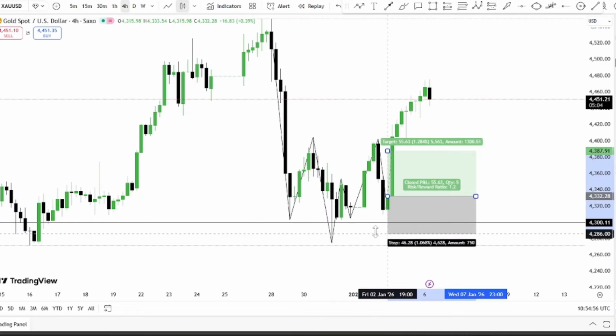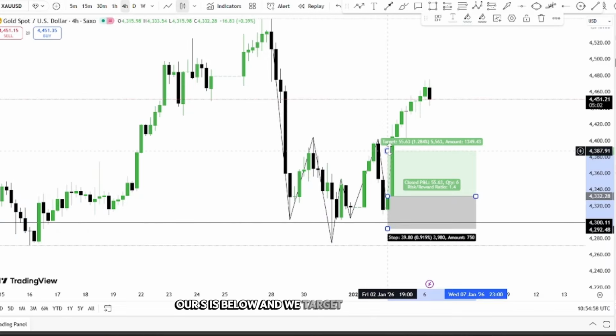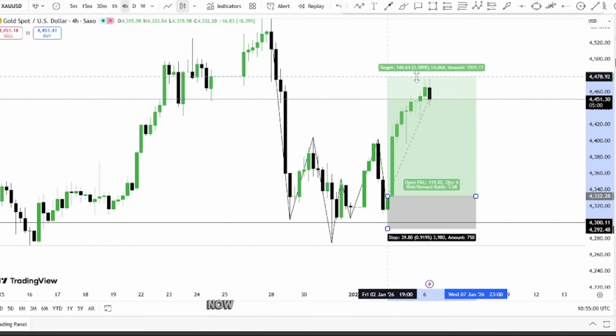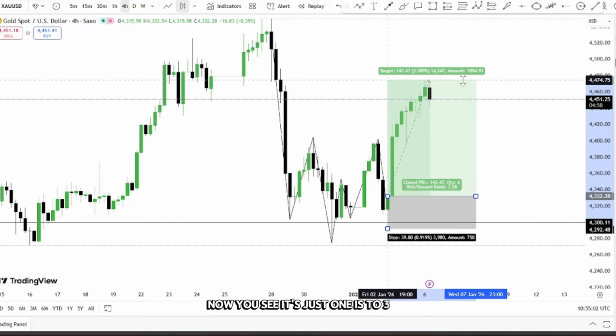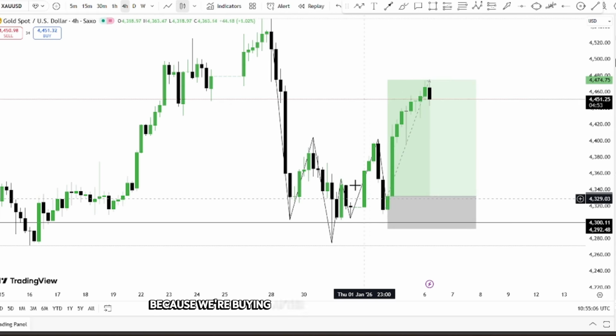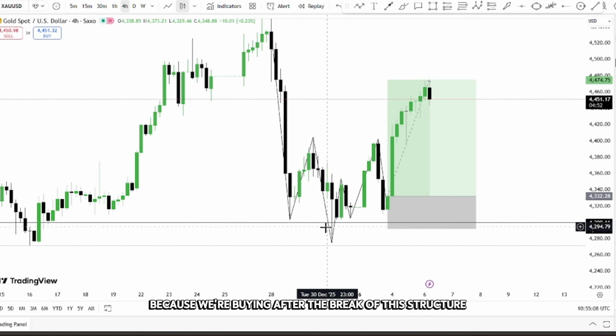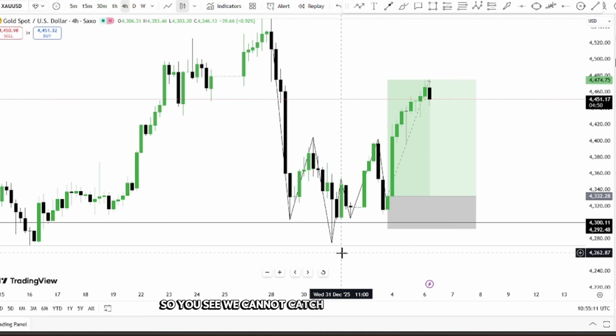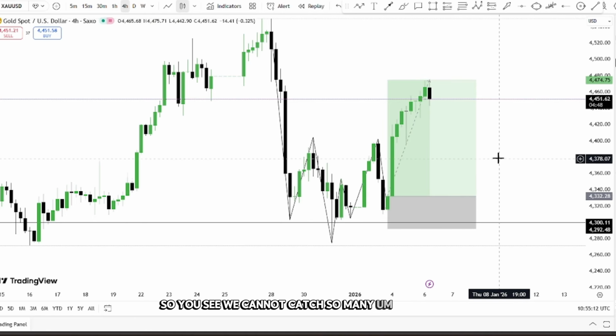Our SL below, and we target the nearest high. Now you see it's just 1:3 RR, because we're buying here after the break of this structure. So you see, we cannot catch so much risk to reward, but it's safer, it's better.